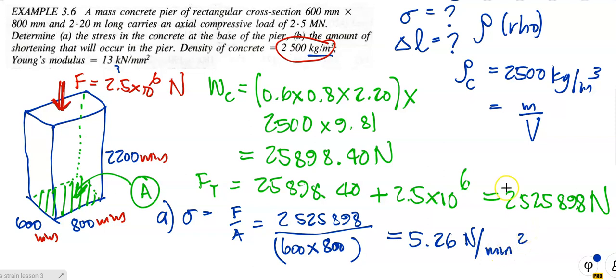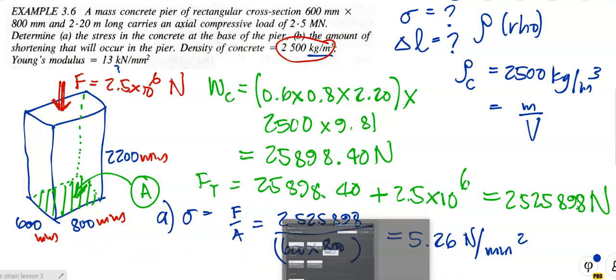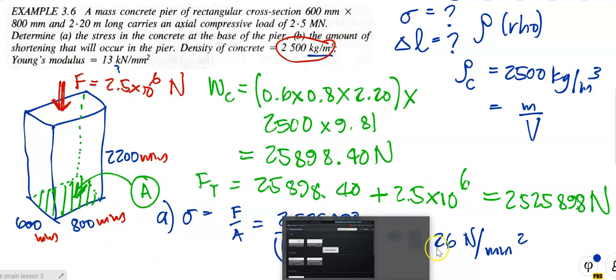So for a concrete column or pier of those dimensions, with that load acting and that concrete density, that will be the total stress at the base of the pier: 5.26 newtons per millimeter squared.